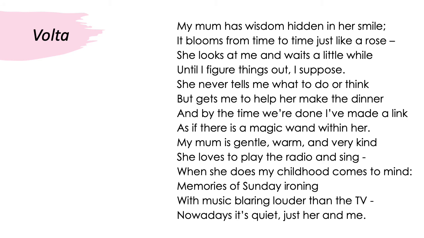So I haven't really got a volta in there, but what you can try and do is look at the shift in mood at the end of my sonnet and see if you can introduce that in yours, some sort of shift in direction of thought or mood. See if you can introduce that in this last section. So where it says, my mum is gentle, warm and very kind, that's about the time when you need to start thinking about doing that volta, about changing your perspective.